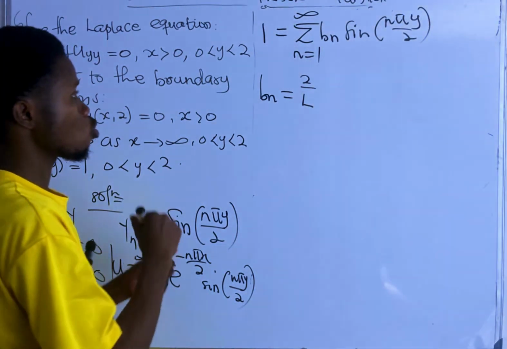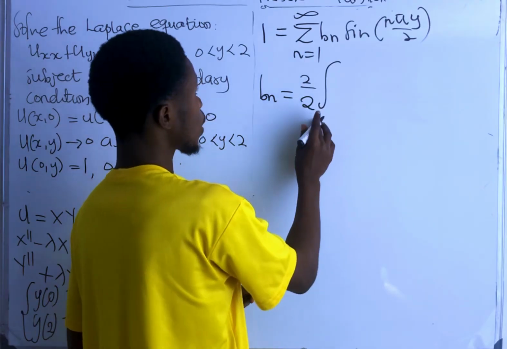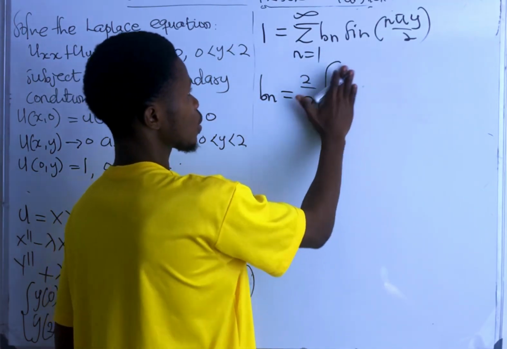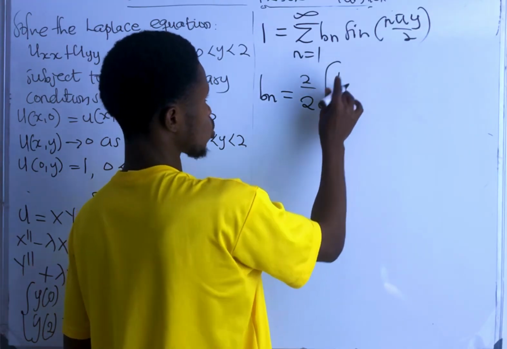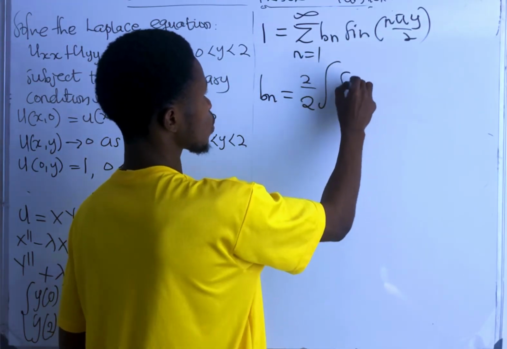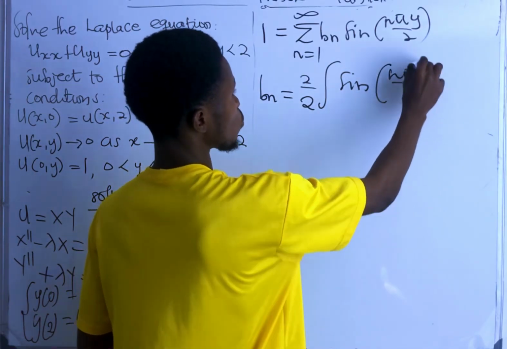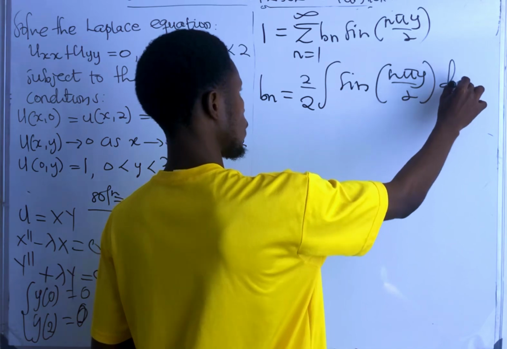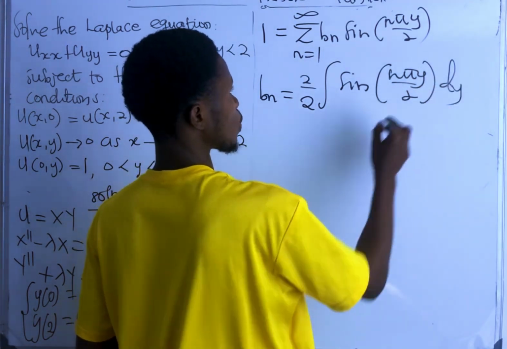So our L will be 2. So let me go straight. I'm going to have 2 times the integral of f of x. But here f of x is 1, times sine n pi y over 2 dy.